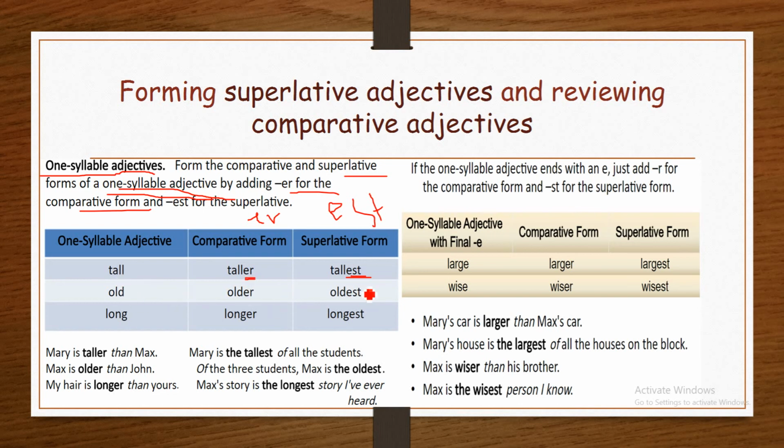Old, older, oldest. For the comparative form, we just add er. Why? Because it is a one-syllable adjective. And for the superlative form, we add est.